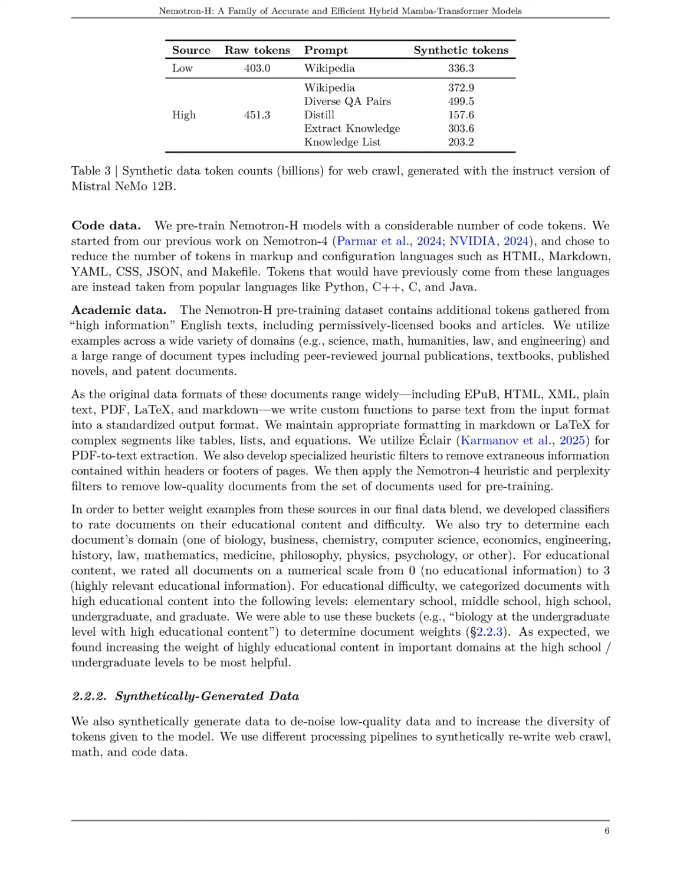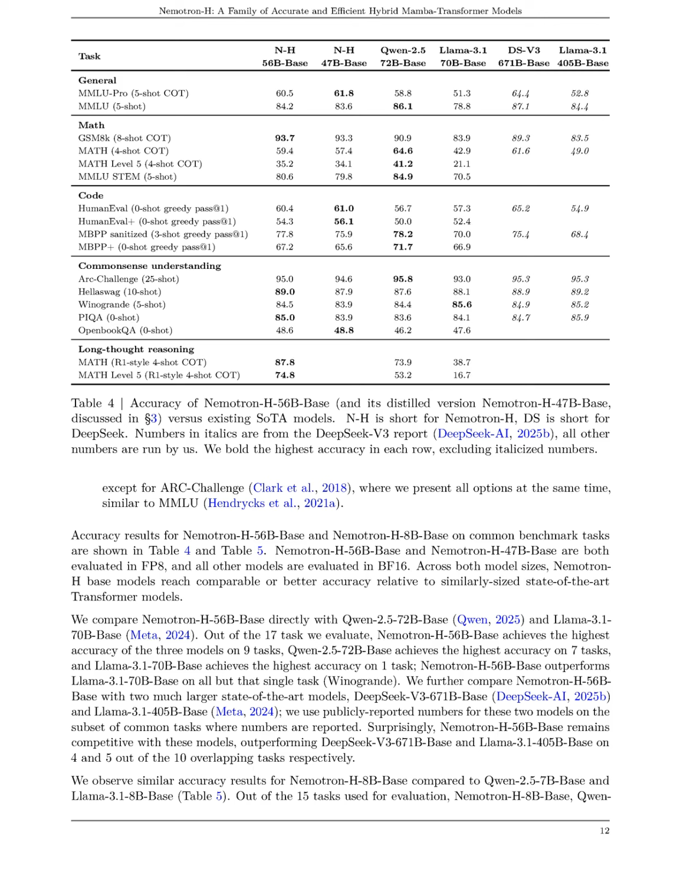The datasets used for pre-training include a large corpus of high-quality curated data, synthetically generated data, and diverse sources such as web crawl, math, code, and academic texts, amounting to trillions of tokens. Performance metrics focus on accuracy across various tasks, with specific attention to how well the models perform on tasks like common sense understanding and reasoning.